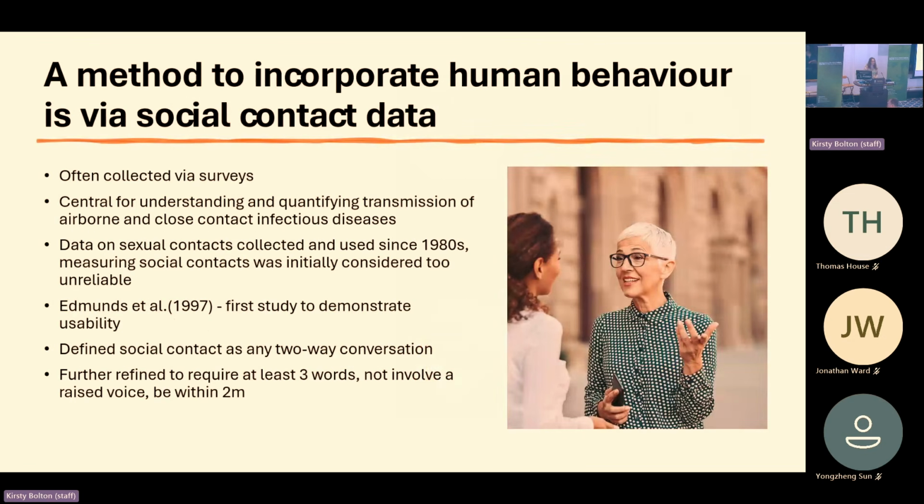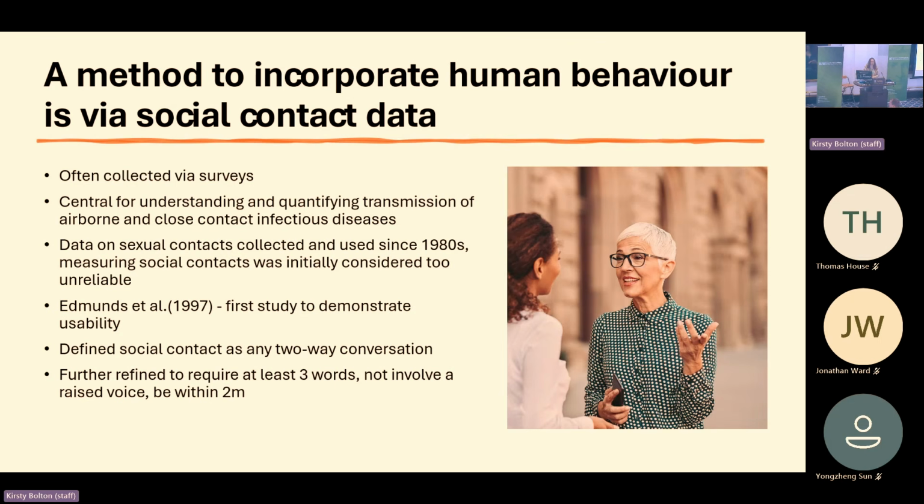But today I'm going to be focusing specifically on social contact data, which is a method that we often use to incorporate human behaviour into epidemiological models. This data is often collected via surveys, and it's really important for understanding transmission of airborne and close contact infectious diseases.